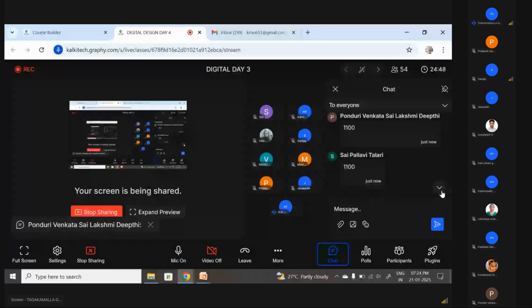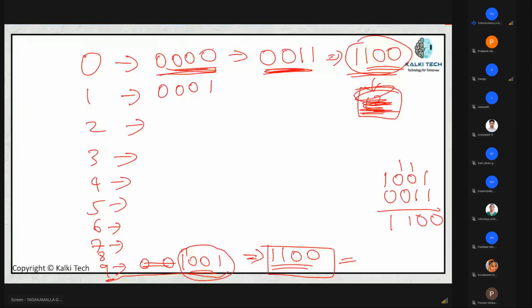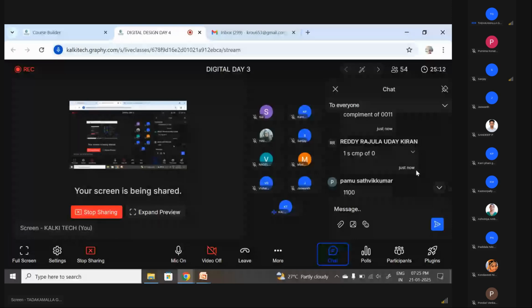Here, four zeros means the XS3 code is 0011. If we complement this XS3 code, what are we getting? 1100. Here, the XS3 code for 9 is 1100. Can everyone see this pattern?